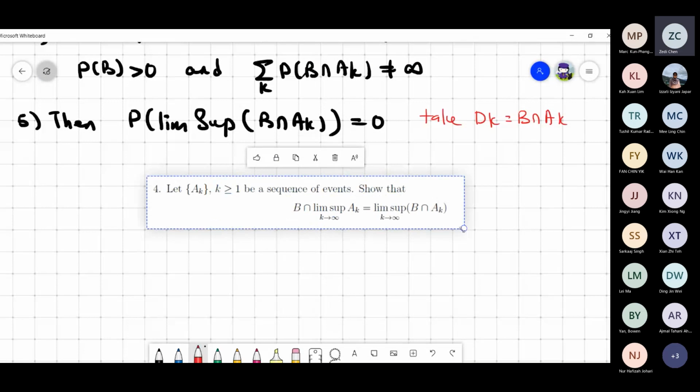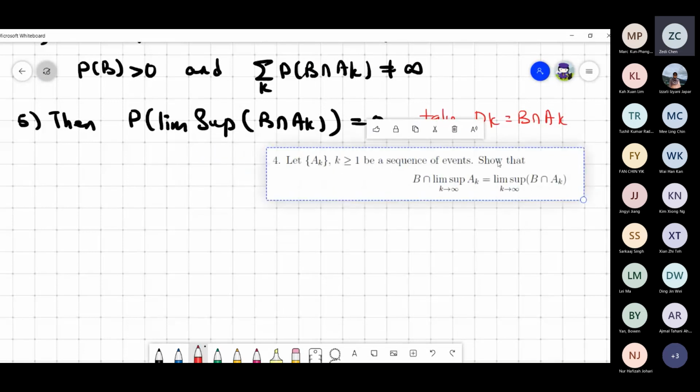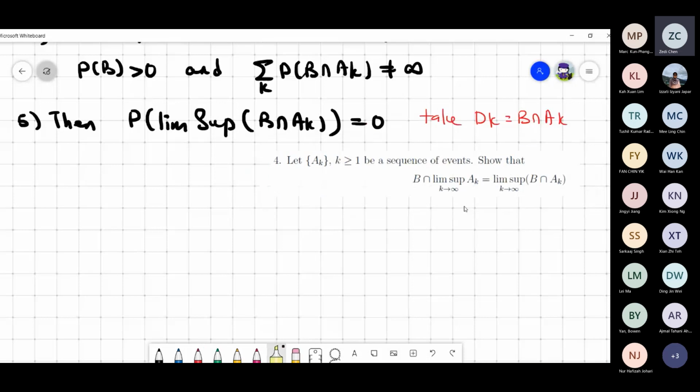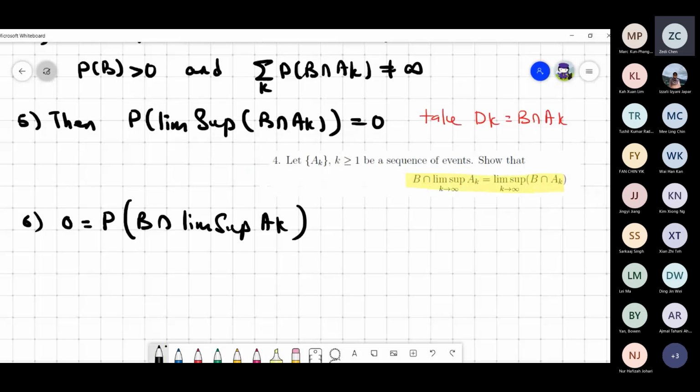We have done this. So I only look at it. So this is equal to this. Okay, so that's why this is 0, right? So that means I'm going to have this: 0 will be equal to P of B intersect lim sup of AK. So when this is 0, then I can have this is equal to 0.